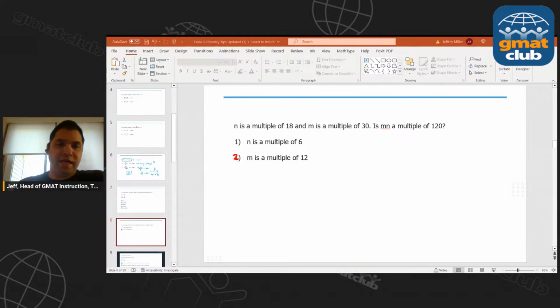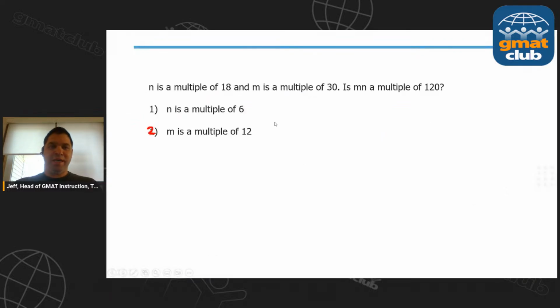So it's not C, and there's a couple cool things I want to teach you guys right off the bat. And this actually goes back to something that I mentioned before. When a statement gives you nothing of tangible value, and I will say this till I'm blue in the face, C is off the board completely.